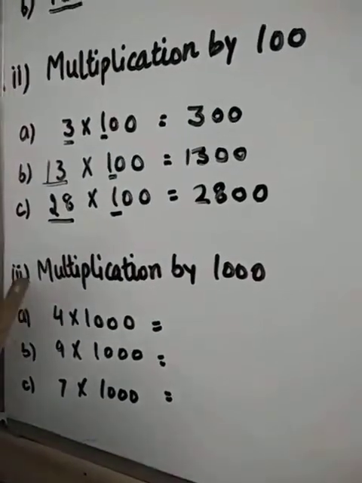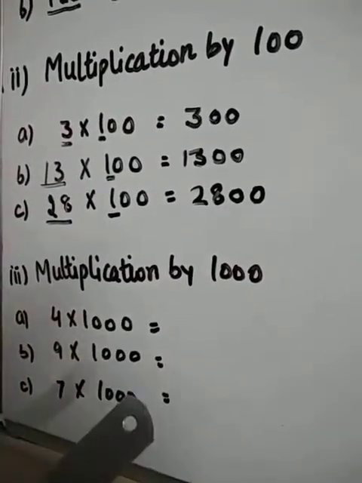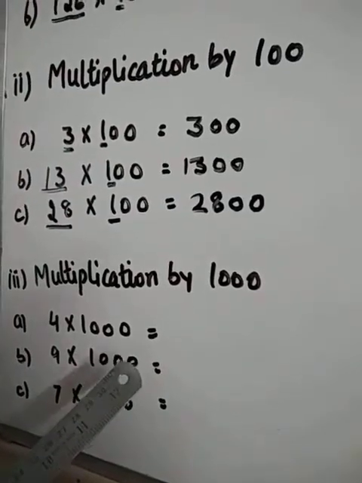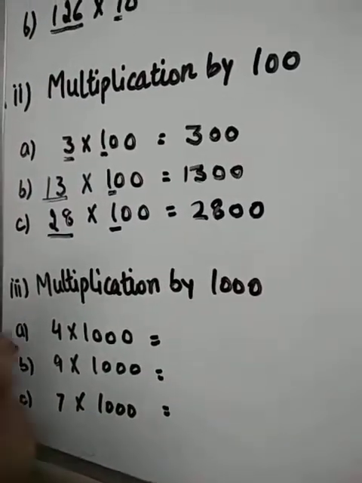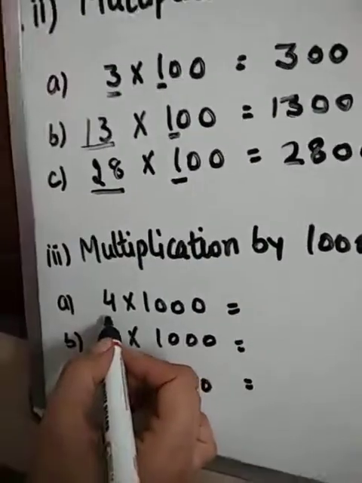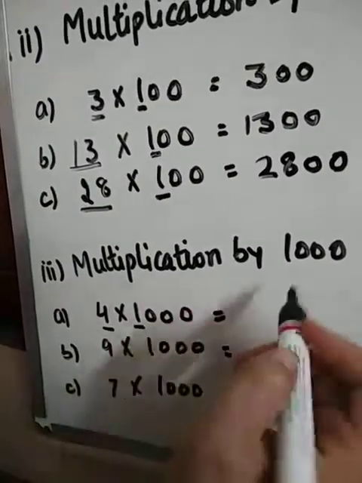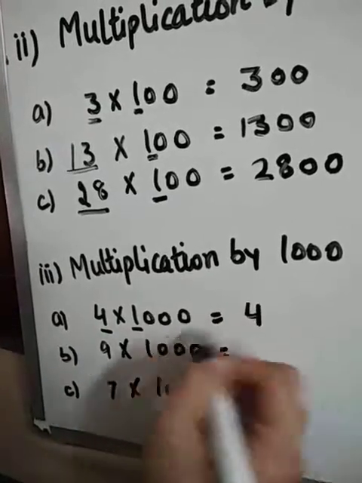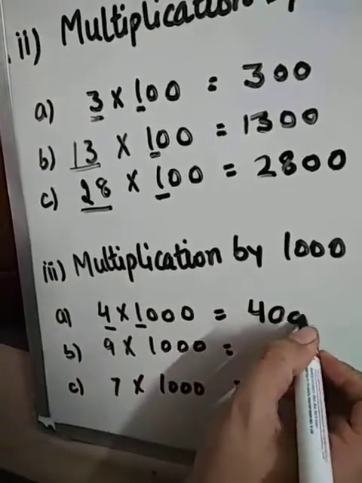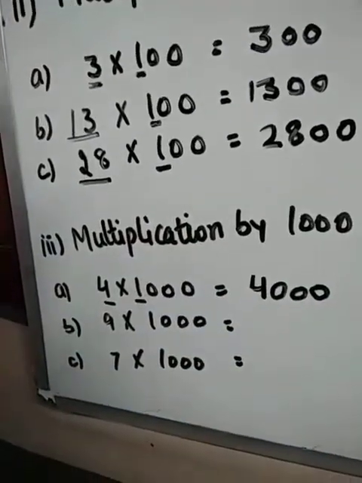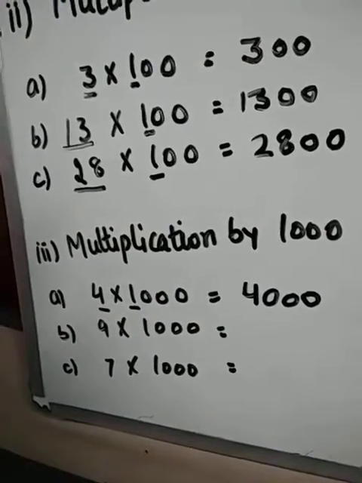Next, multiplication by 1000. Now 3 zeros are there. So first what will I do? Again the same method I will follow. 4 multiplied by 1. 4 ones are 4. How many zeros are there? 3 zeros are there. So I will write 3 zeros here. And what will be the answer? 4000.